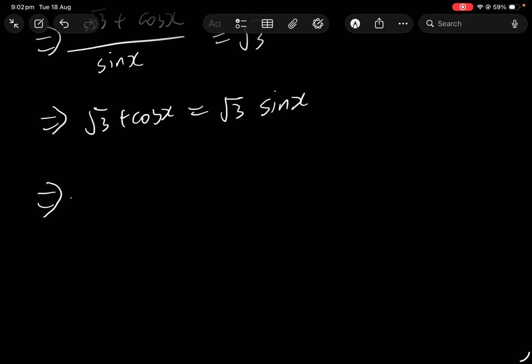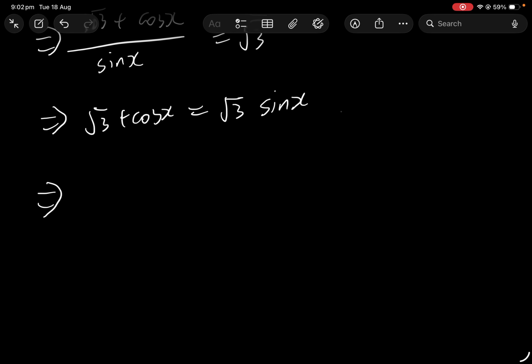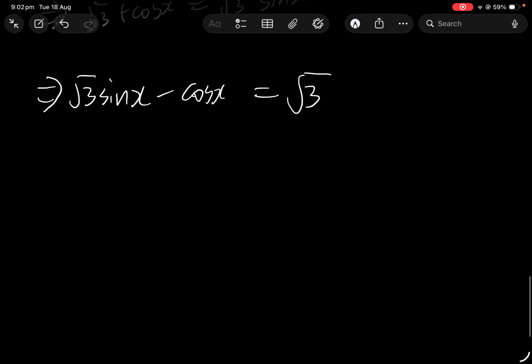So we move cos x to this side, but then we want to move that to the left side, so it's just square root 3 sine x minus cos x, because this side is more important, equals square root 3.